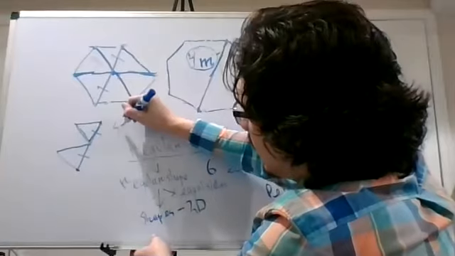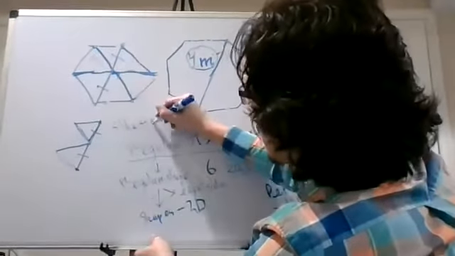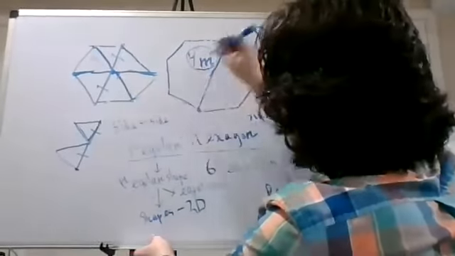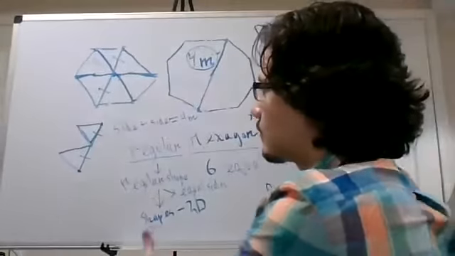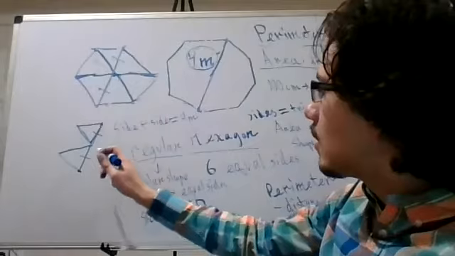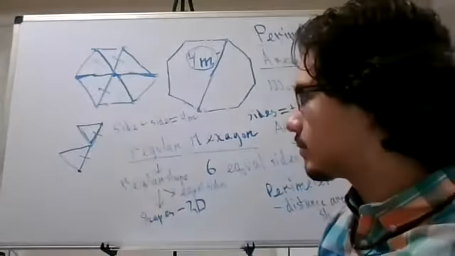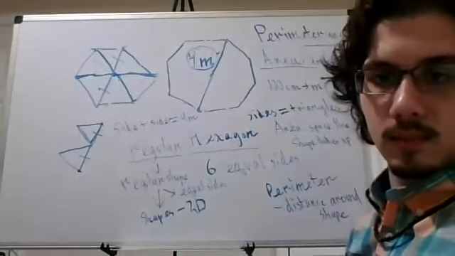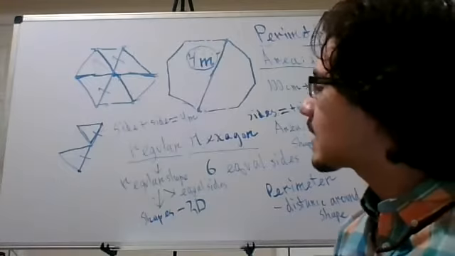So this side plus this side is 4 meters. Since we know this, can somebody tell me what one side would be? Would that be 2 meters? Yes, perfect. So that means this side would be 2 meters.